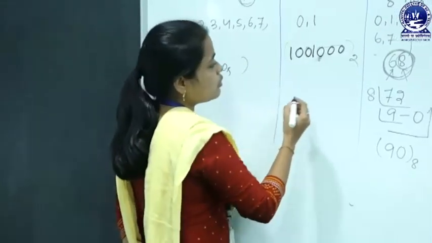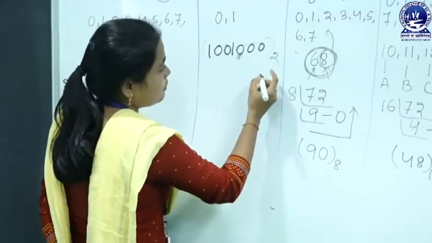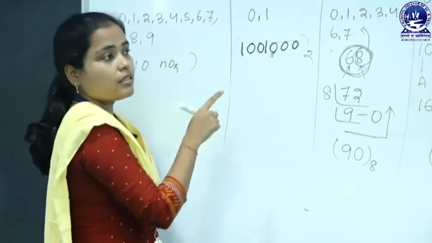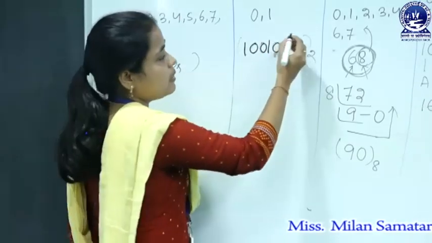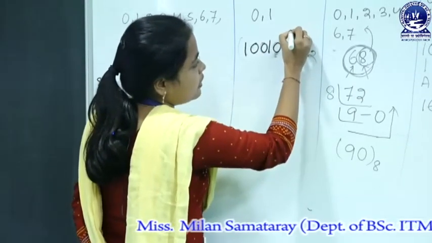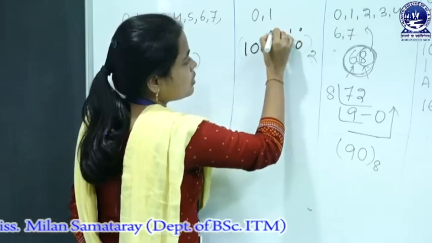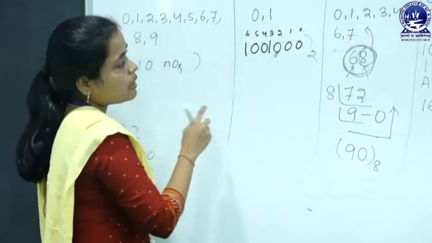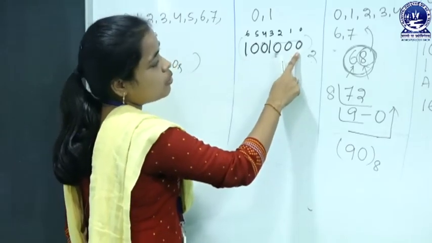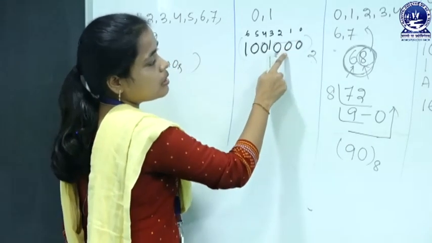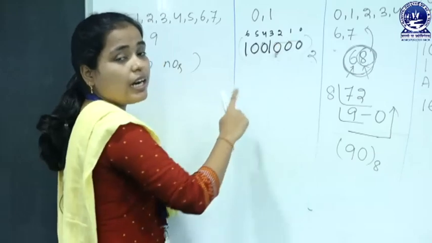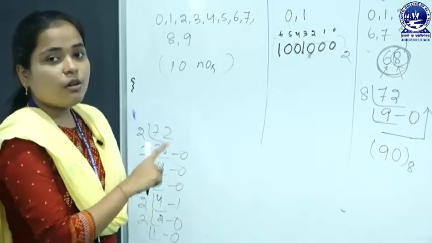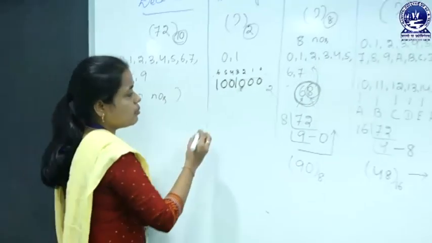We will multiply by 2 to the power of the bit position. The 0th bit, then 1, 2, 3, 4, 5 and 6. So we have to multiply this value with 2 to the power 0, this value with 2 to the power 1, and add all these values to find the decimal value of that binary number.